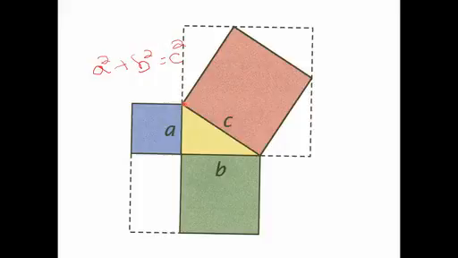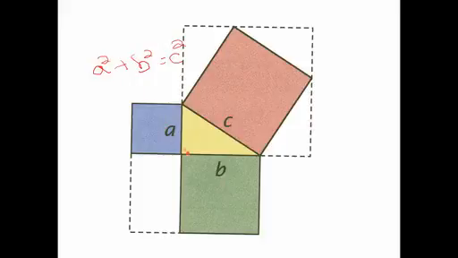And here we've drawn a square on leg A. And of course the area of that square, since it's a square, is A times A, or A squared. We've drawn a square on the other leg whose length is B. Since it's a square, the area of this square would be B times B, or B squared.